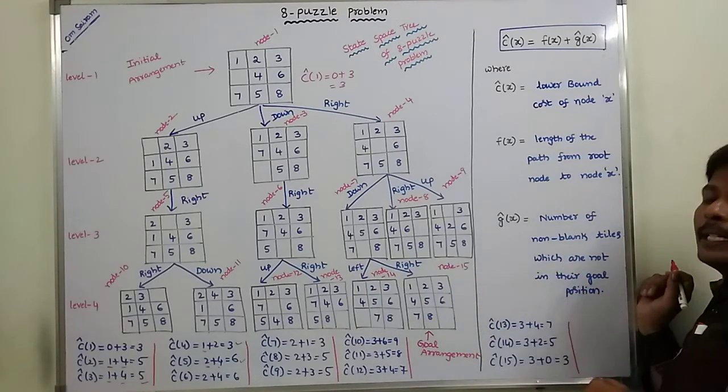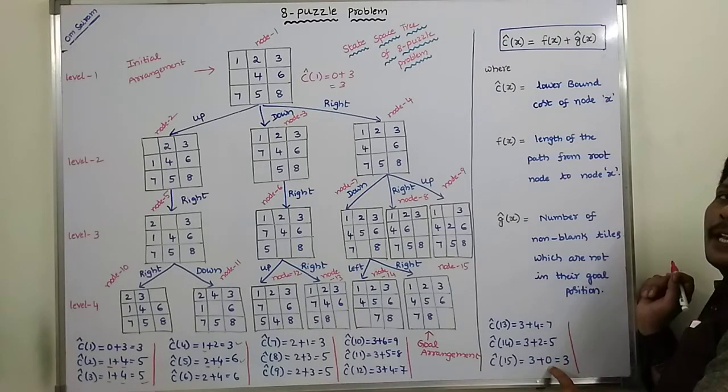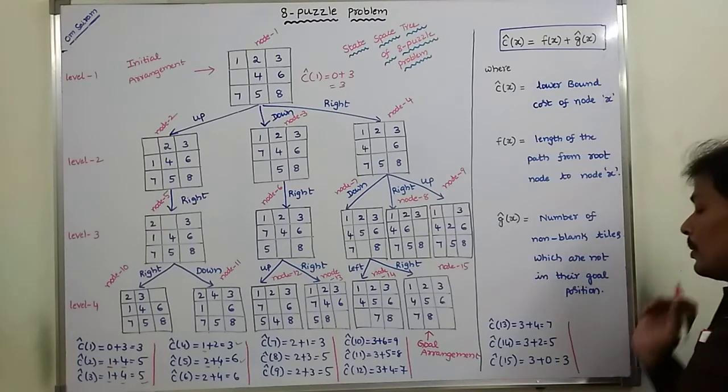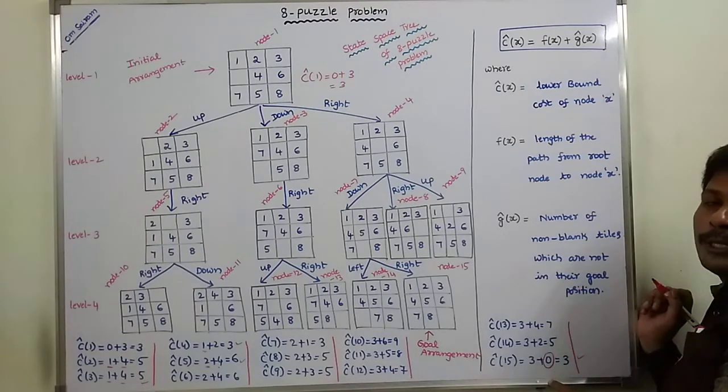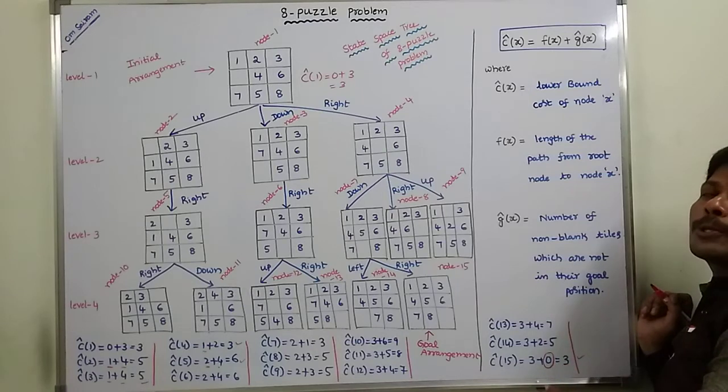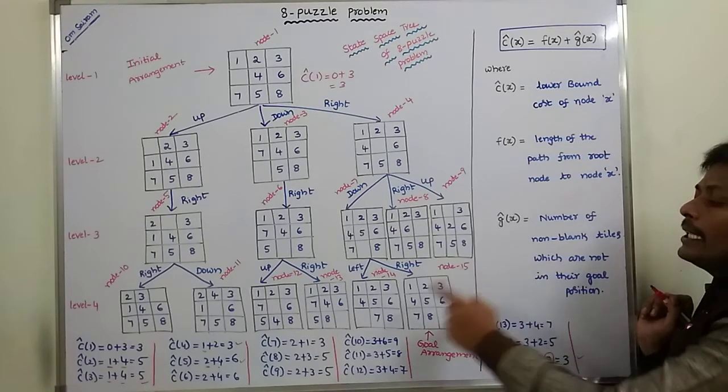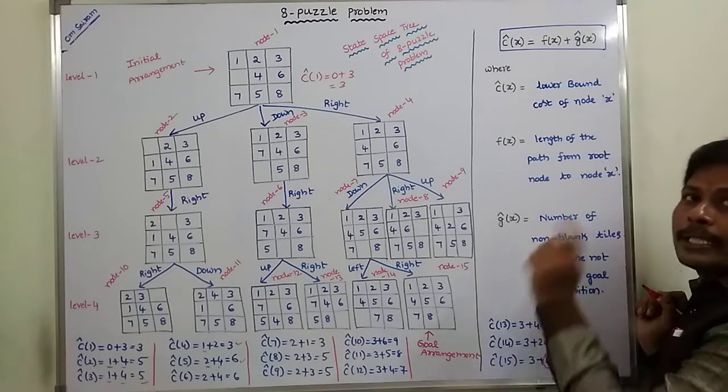All are in their correct position. So g cap of x is equal to 0. So 3 plus 0 is equal to 3. Whenever we get g cap of x equal to 0, then we have to stop the extension of the procedure because we are getting the goal arrangement.